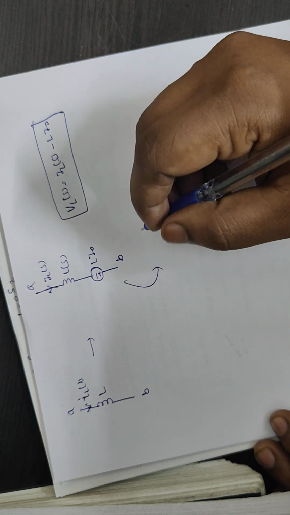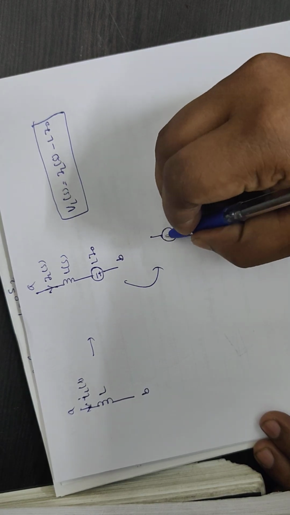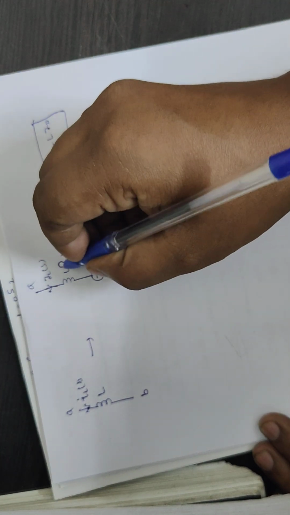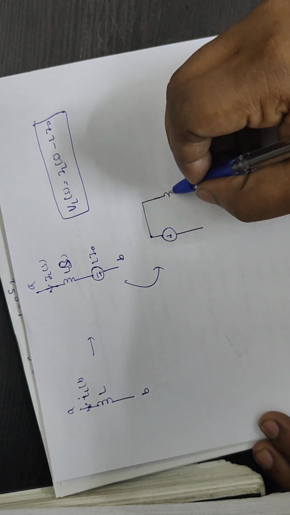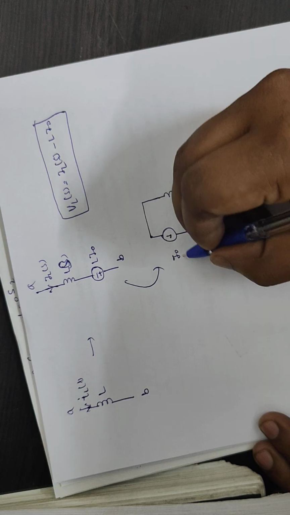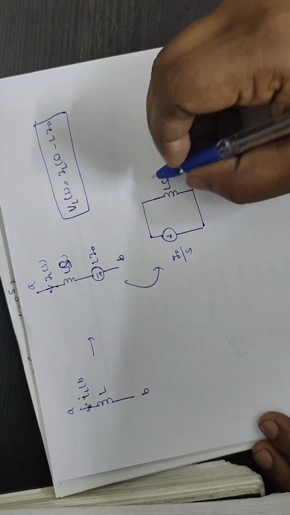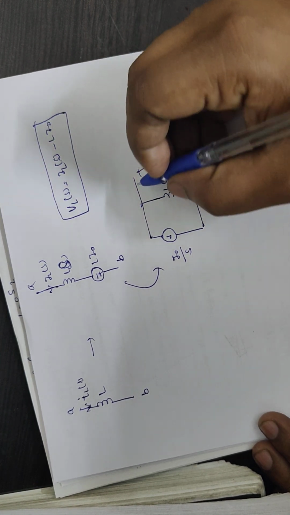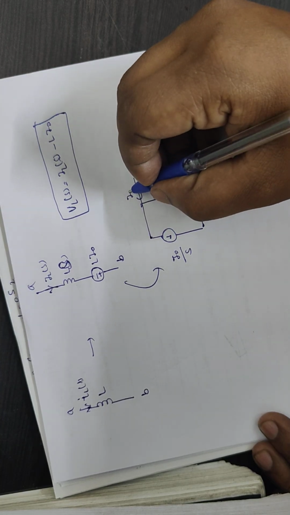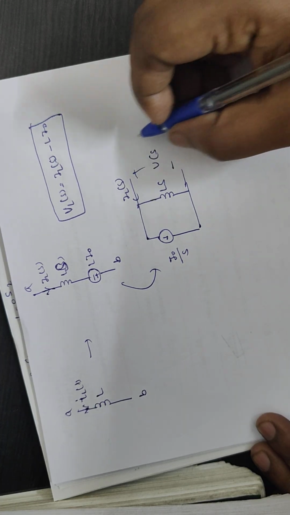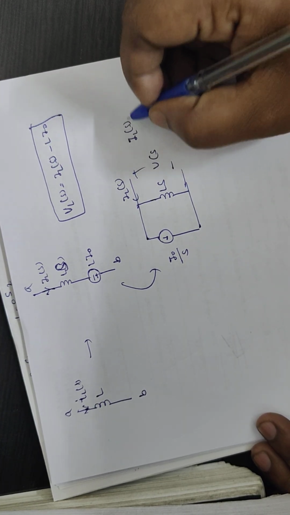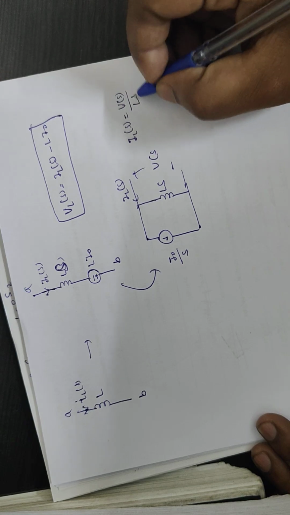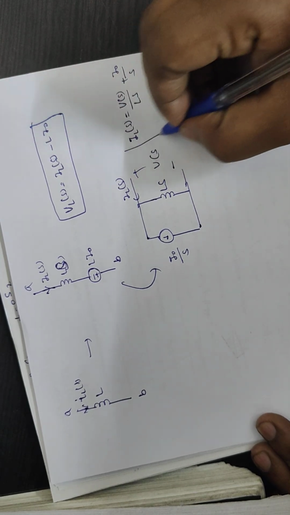It can also be written in the parallel form, like a current source in parallel with L into S, so I naught by S is here and L into S, and a current is going, so we can write I(L) of S equals V(S) by L S plus I naught by S.